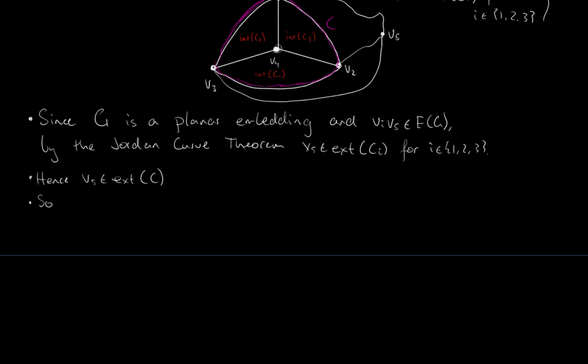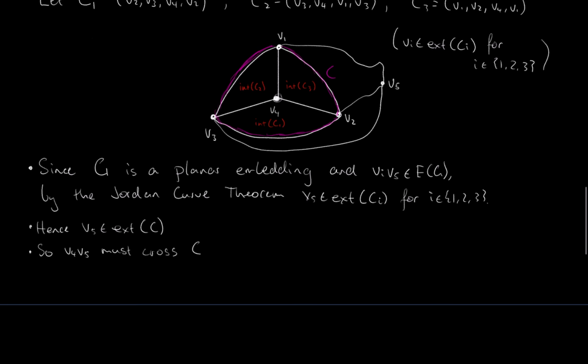So V4, V5 must cross curve C, or the cycle, because V4 was in the interior of C, V5 is in the exterior of C, right?